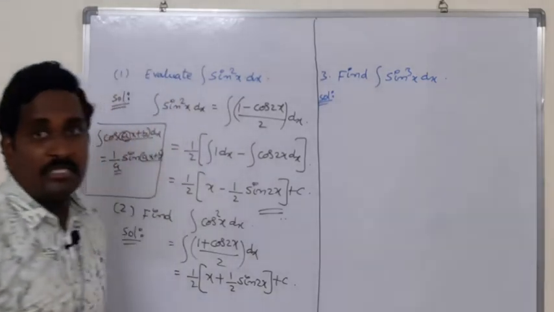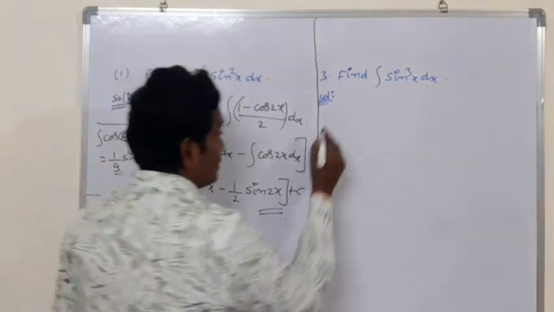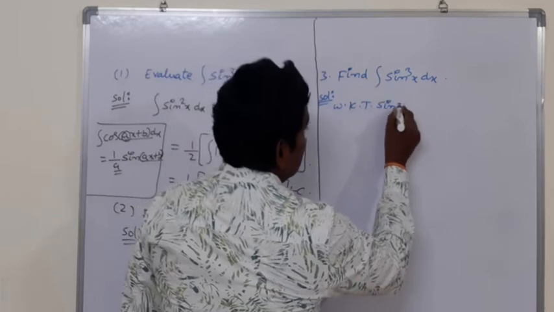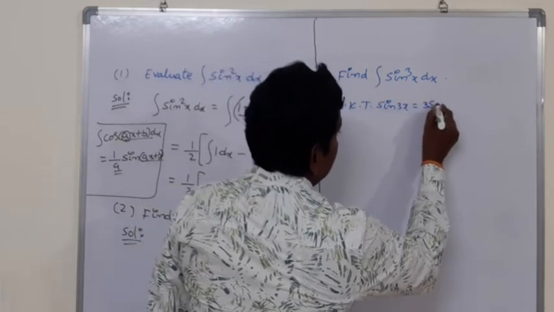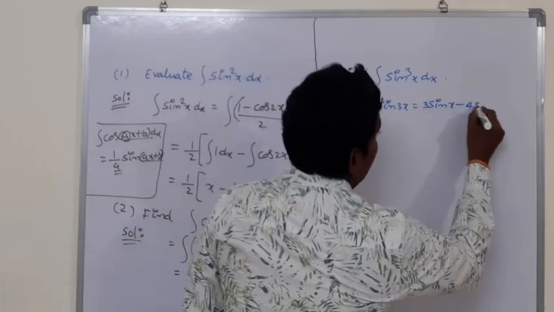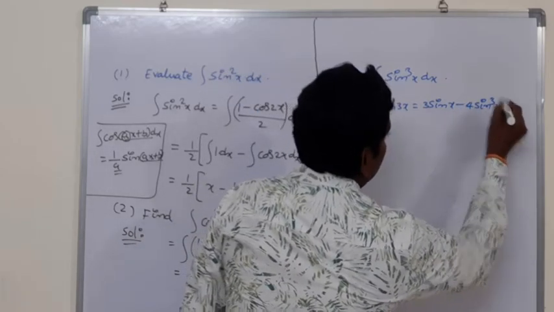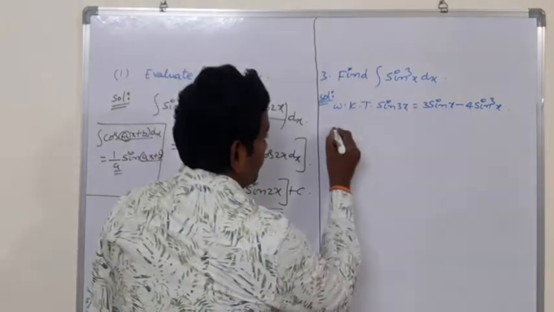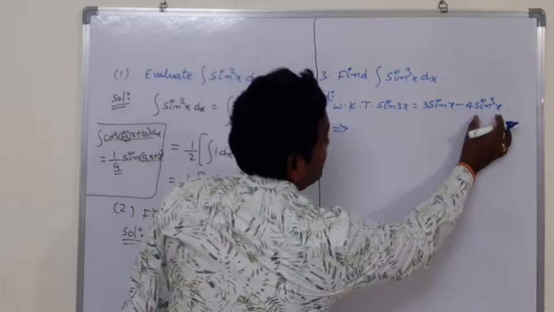Already from the knowledge of trigonometry, we know the formula for sin 3x. Sin 3x is equal to 3 sin x minus 4 sin cube x. From this, obtain the value of sin cube x. What is sin cube x?